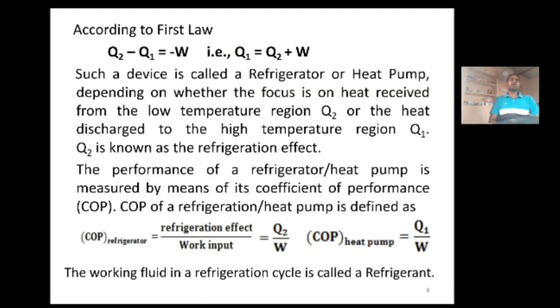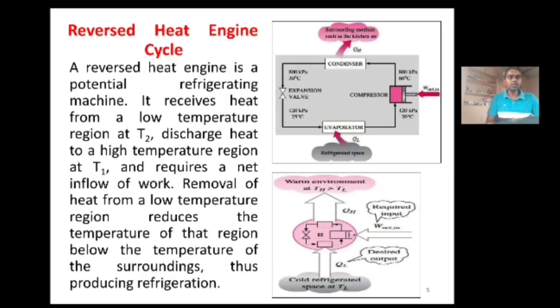Now applying the first law to that diagram. As you can see, let QL be Q2 and QH be Q1. This is the necessary correction required here: QL is Q2, QH is Q1.